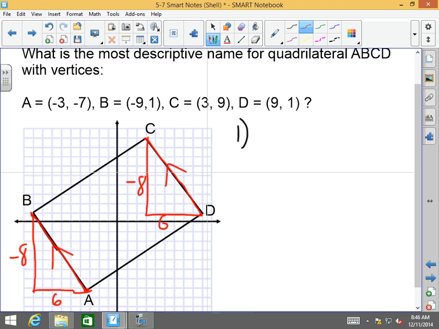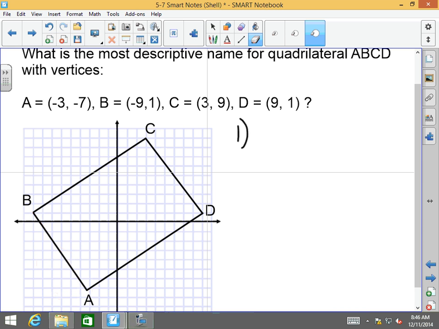Okay. Now, I'm going to erase the math here just to not confuse everything. We've already proven, though, that CD is parallel to AB. Now, let's check out BC and AD. Left to right, I'm going up 1, 2, 3, 4, 5, 6, 7, 8 over 1, 2, 3, 4, 5, 6, 7, 8, 9, 10, 11, 12.